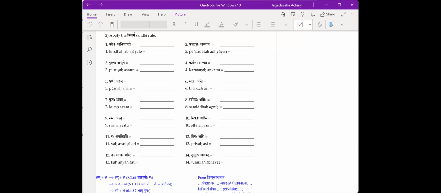You have an okara, and you know from the Shivoham sandhi that okara came in for visarga. So you change the o into aha. Anya plus aha, the anyo would have been before the sandhi, anyaha. Make sense?